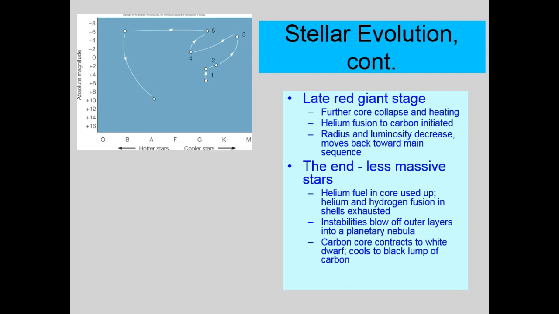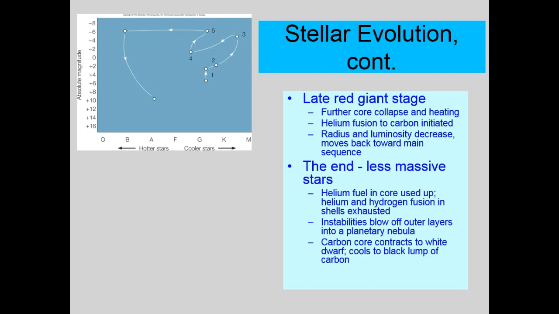Okay, now why is it white? It's so hot, because it's contracting. Now, no more fusion going on. So it's all friction heat, but it still gets hotter. So it's the white dwarf in the middle, planetary nebula, the gases outside of that. Over time, because there's no more fusion, it just cools. Okay?